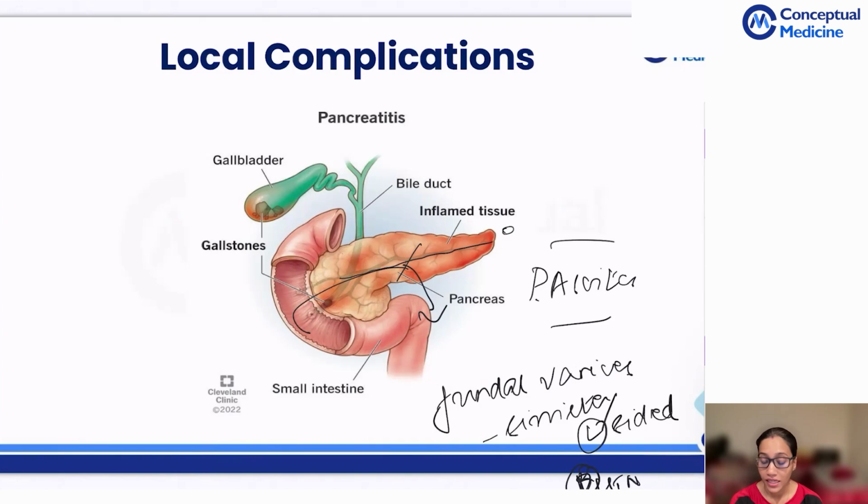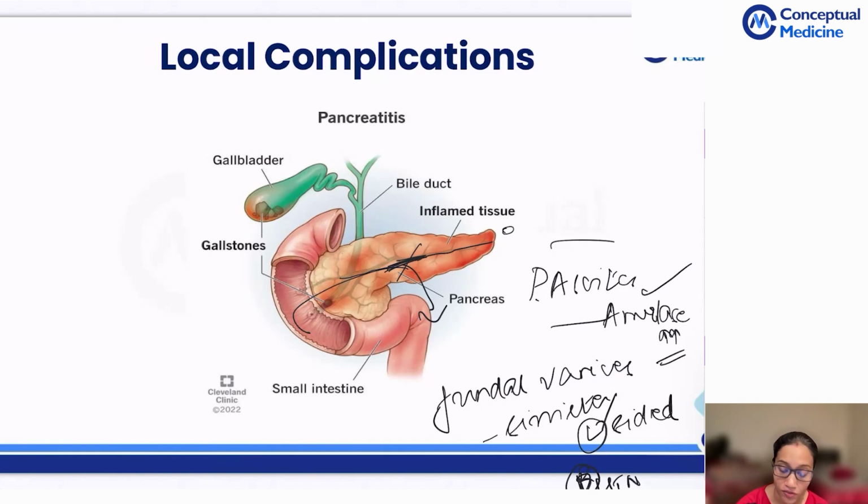It is by amylase, because the pancreatic duct is secreting amylase, right? So amylase will be very high in the ascitic fluid, and hence you can figure out the nature of the ascites. Similarly, if you have rupture of the lymphatics, then you have a chylous ascites, because chyle ruptures into the peritoneum. See some of the complications which appear.